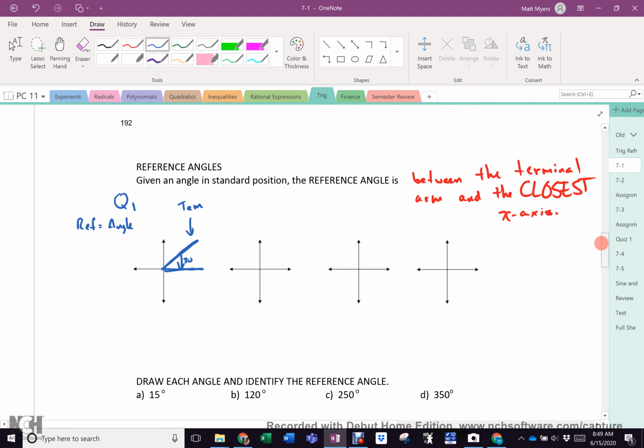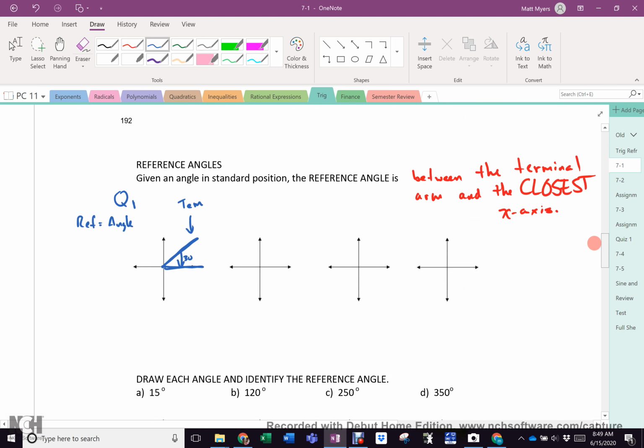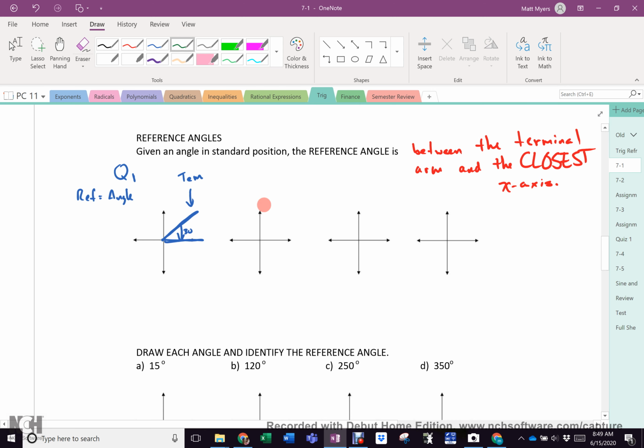So let's look at the second one. That was 135. It's going to be there, and it's going to be out there. So this one is quadrant 2. Now, if you were here, would you walk all the way back there? Or would you drop right there? This is your reference angle.